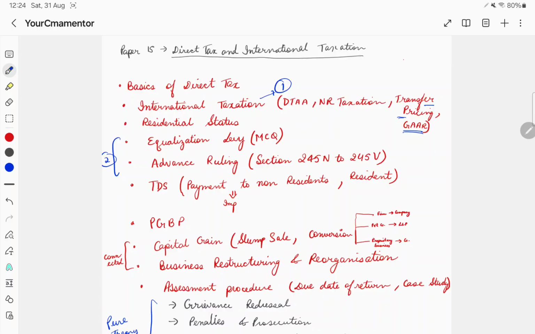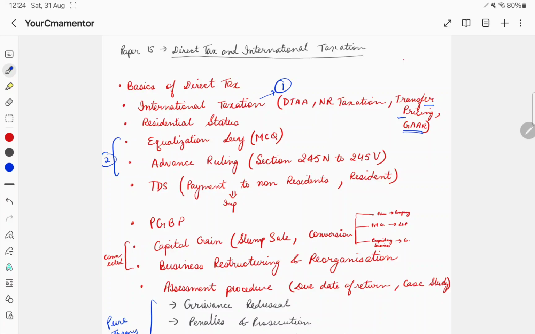And advance ruling is a chapter which consists of 4 to 5 sections, that is section 245N to 245V. So this is an easygoing chapter. You can understand this chapter in one read, and it will not be very difficult for you.